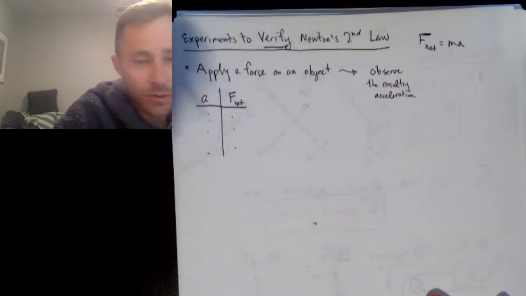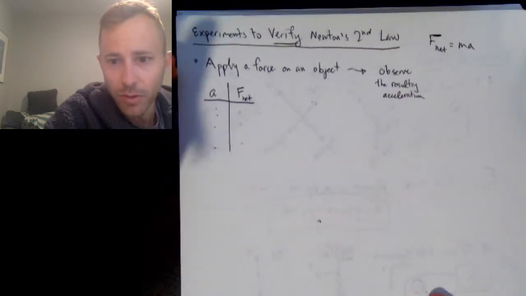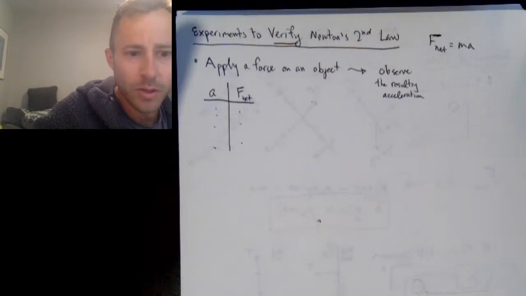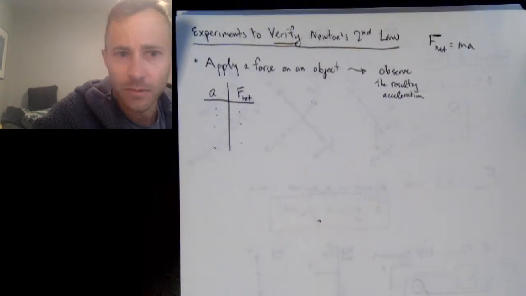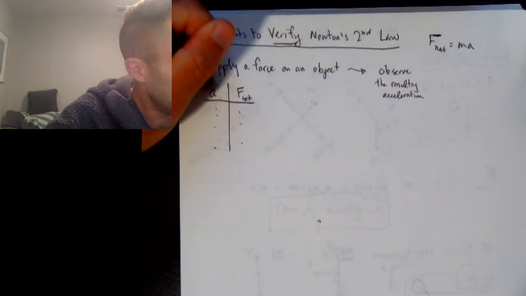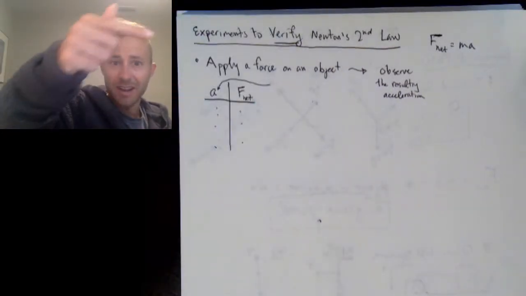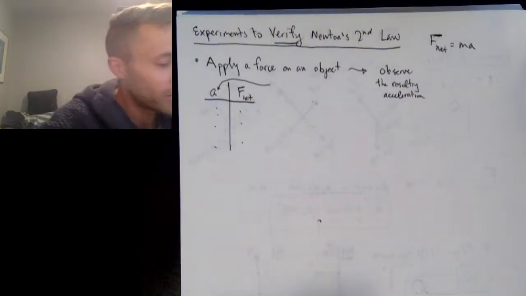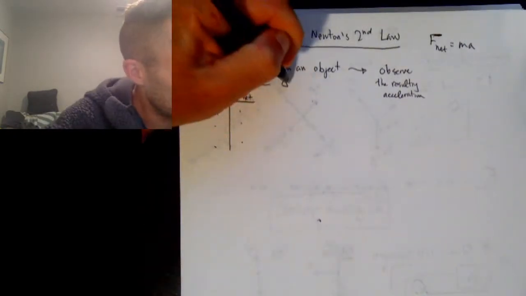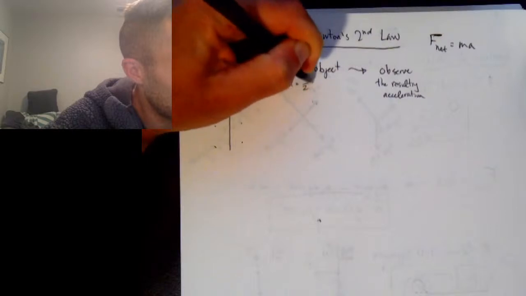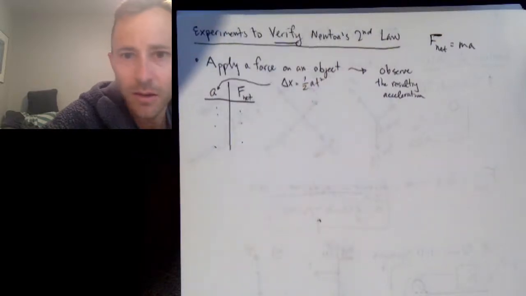How do we get the acceleration? Well, just to review what we discussed before the vacation, you might watch something go down a ramp, time how long it takes to go down the ramp, and then use kinematics. So delta x equals 1/2 a t squared.